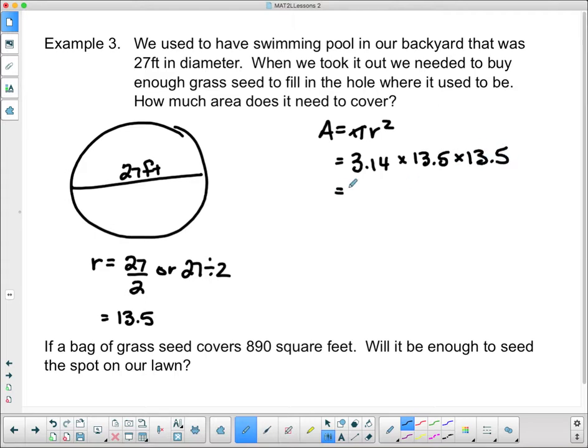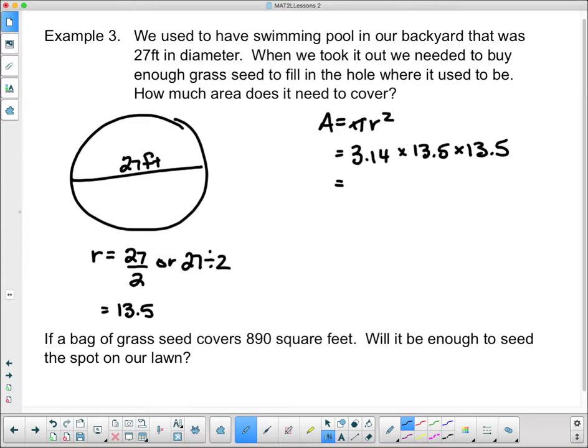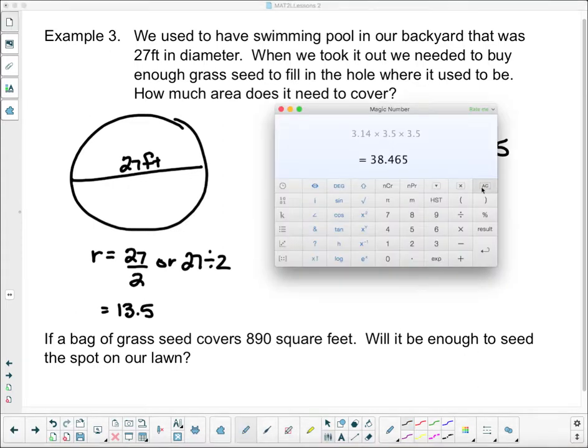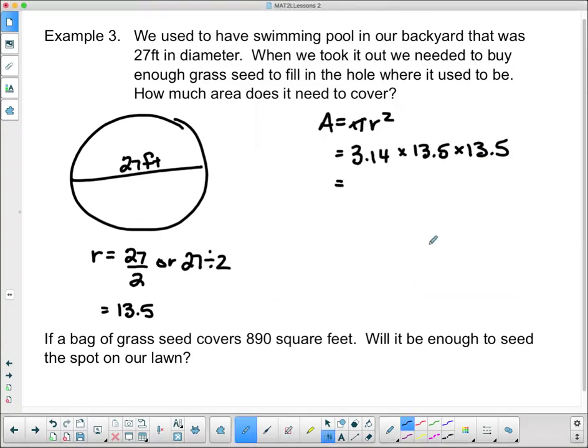All right, let's calculate that. 3.14 times 13.5 times 13.5. And our result is basically 572. We're going to round it to that. 572, and that is square feet.